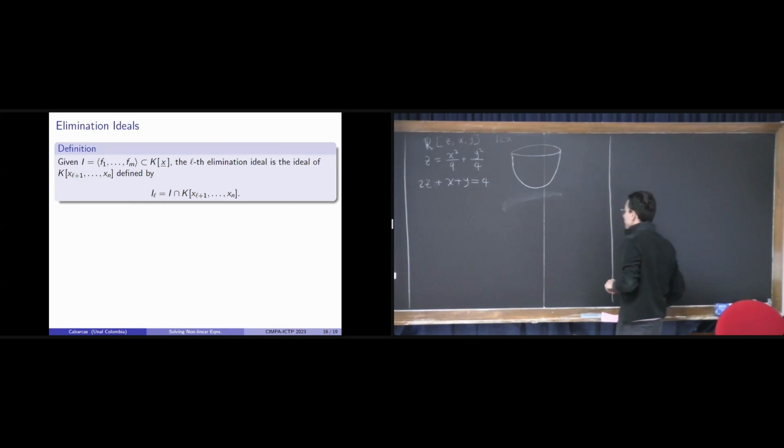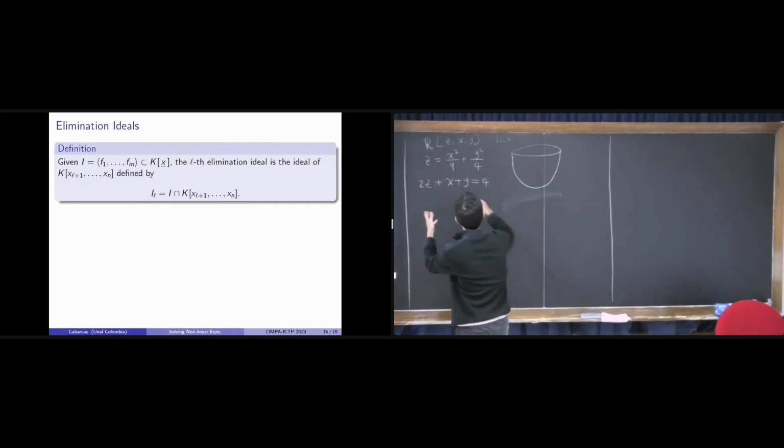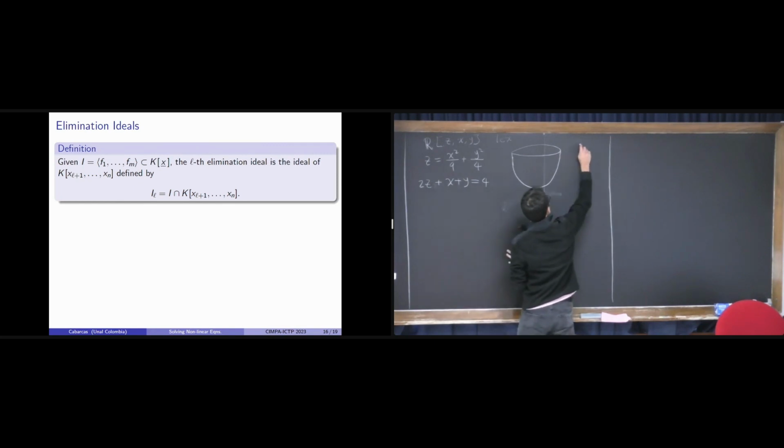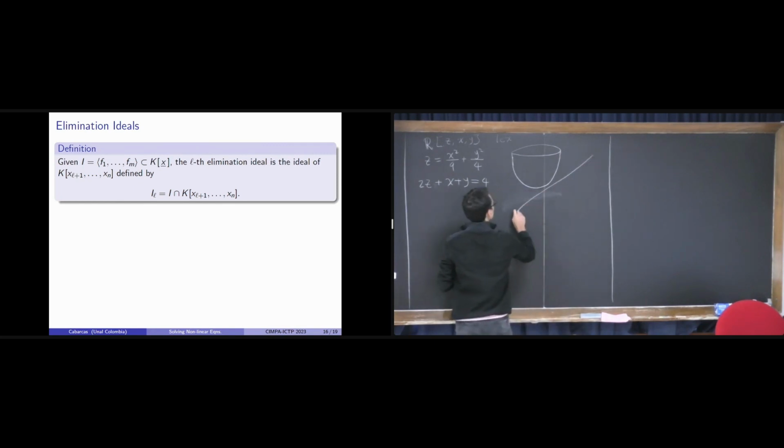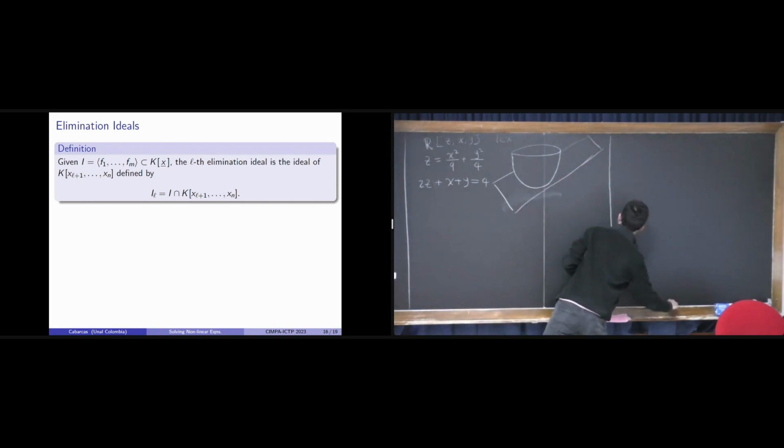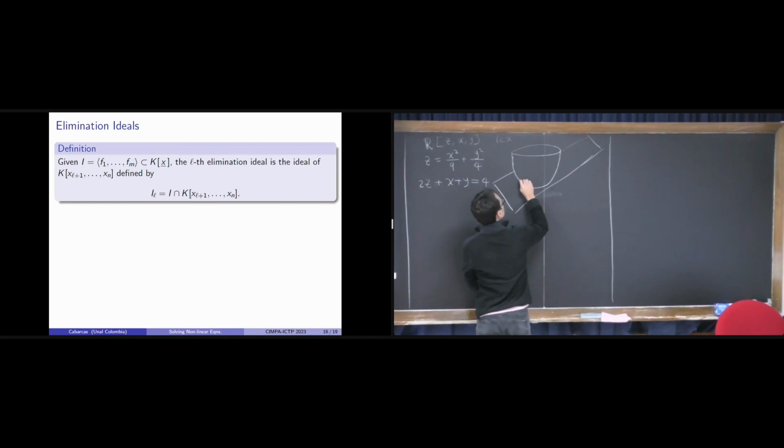And then we have some plane that hopefully cuts this somewhere. So let's say there's some plane that perhaps cuts this paraboloid.